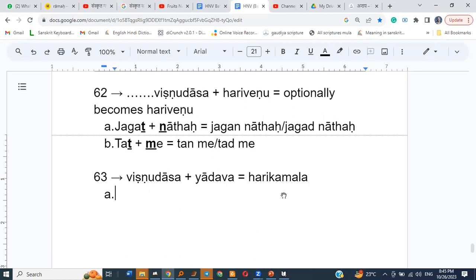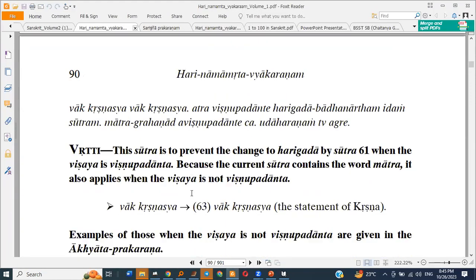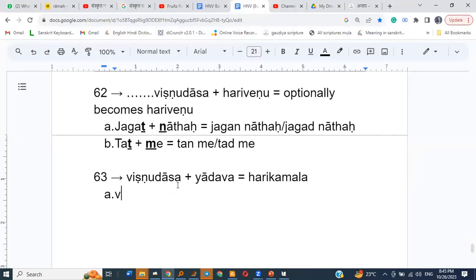For example, Jiva Goswami has given this example, Vak Krishnasya. When I was studying in my school, we had a very vivid discussion on this sutra. So Vak Krishnasya. What actually fits better is that we can apply Sutra 61 first.